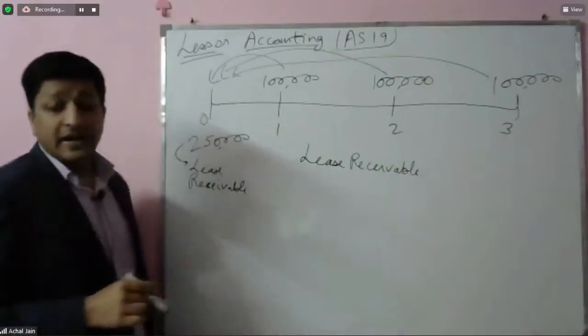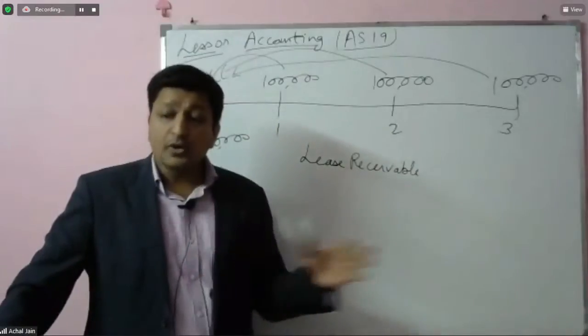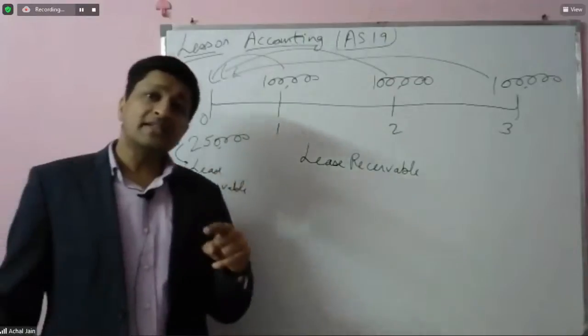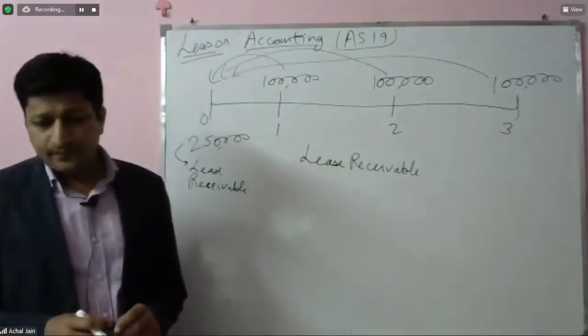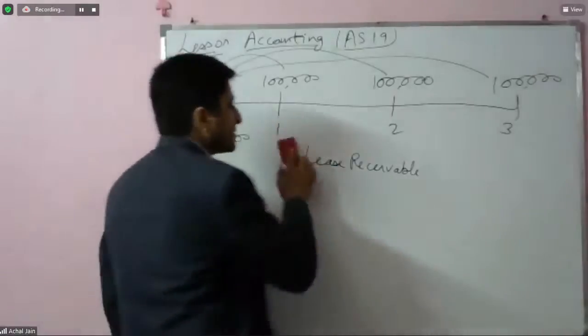This is what would get recorded in the books of lessor. And because the lessor will not record the asset. Why? Because asset will be recorded by the lessee. It's a case of finance lease.